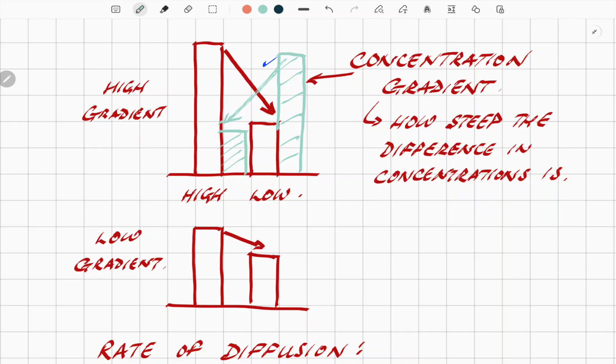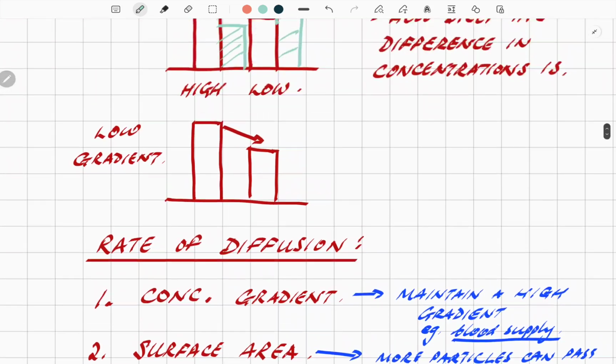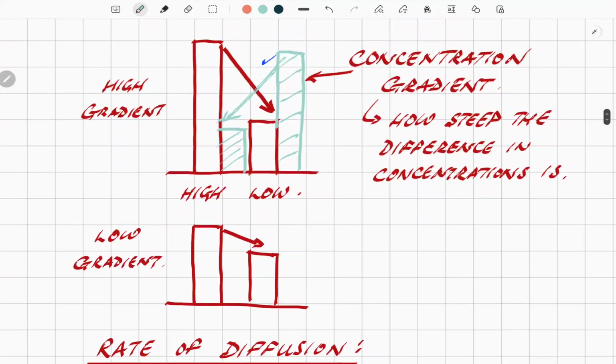That part there, I think, probably most clearly explains the difference between diffusion and osmosis. They obey exactly the same principles. The same three factors will affect the rate of that movement of particles. But normal diffusion is diffusion of particles. But when it refers to water, we talk about osmosis.